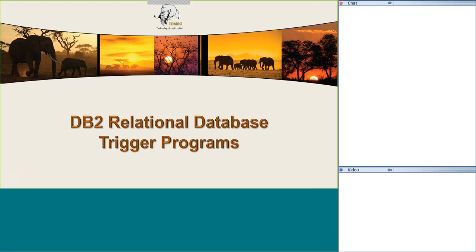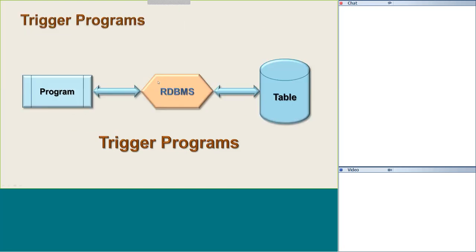Therefore, I do spend a lot of time on trigger programs. Based on a couple of questions that I got, I'm going to have a look at those questions. Then we are going to look at the mini or micro database that I have in place and look at some real things that you can do with triggers and the code that you can do them with.